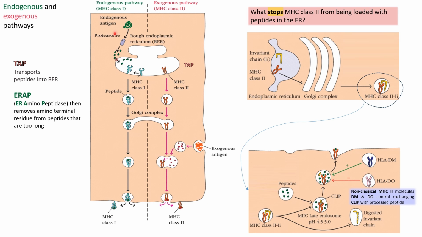So a cell which is infected, say, with Brucella melitensis, which is going to cause the patient to have humma al-maltiya, in English brucellosis, or infected with SARS coronavirus 2, or any pathogen which gets inside the cell, there's going to be lots of endogenous antigens.